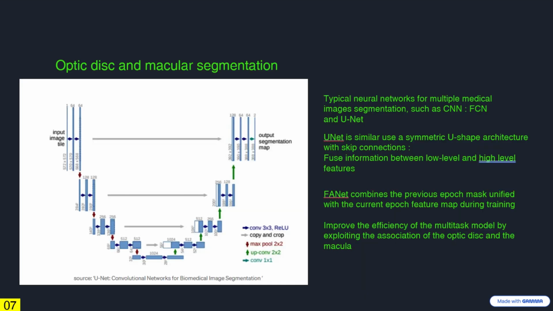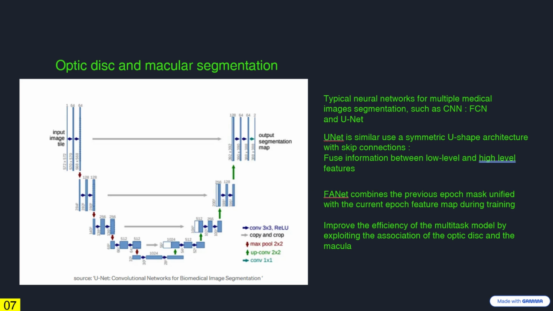For optic disc and macula segmentation, in this paper they use neural networks, which are also usually used for multiple medical image segmentation, such as CNN, FCN, the fully convolutional network, and UNet.